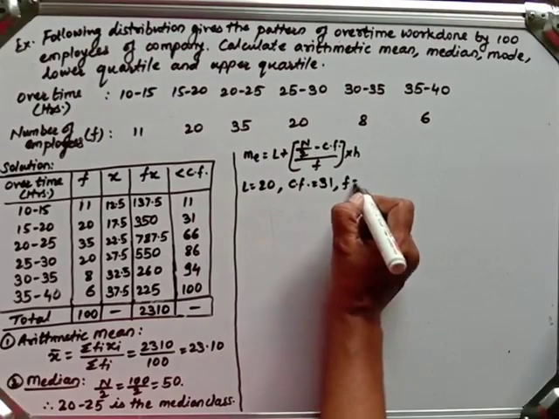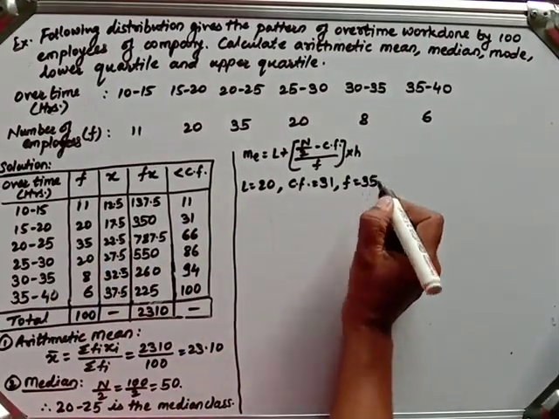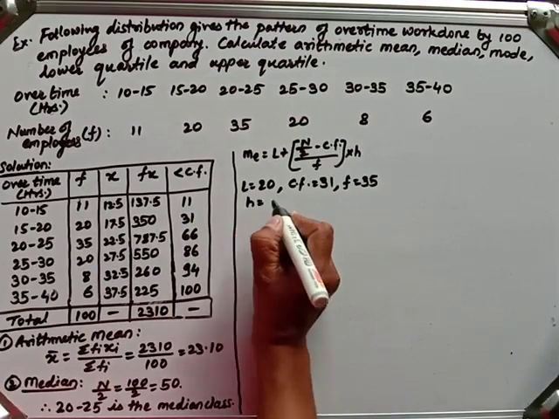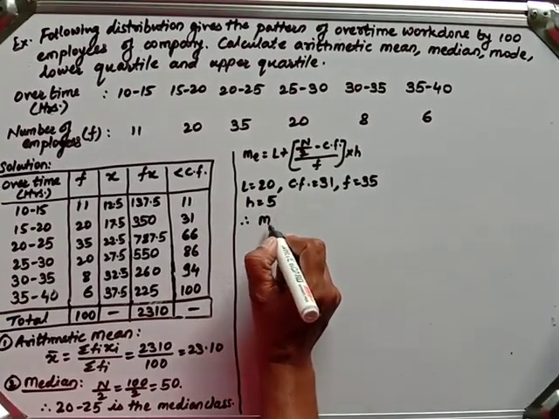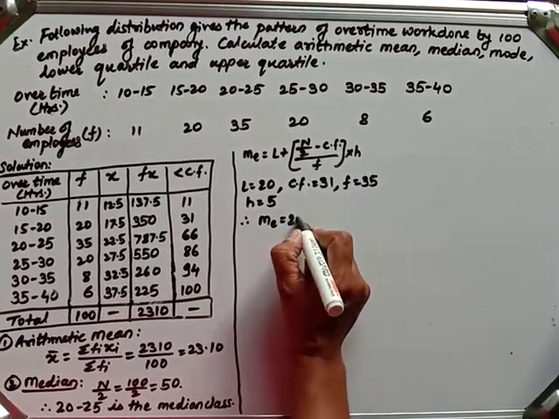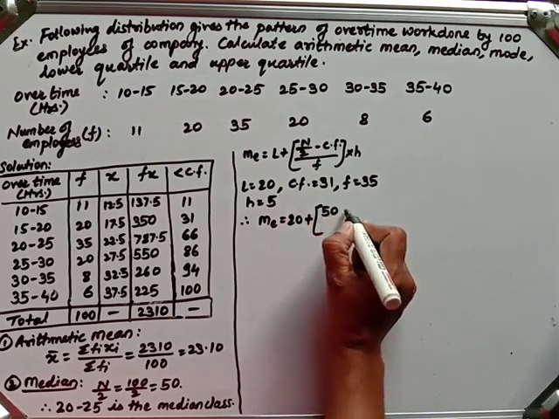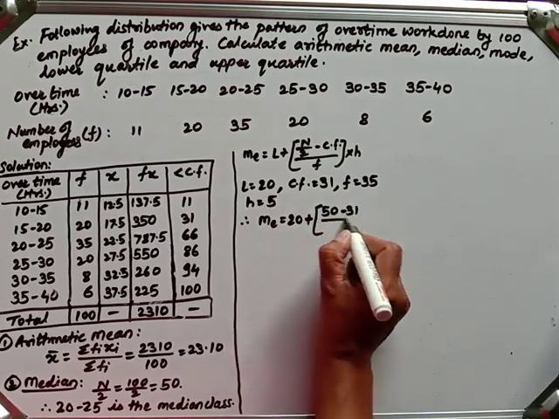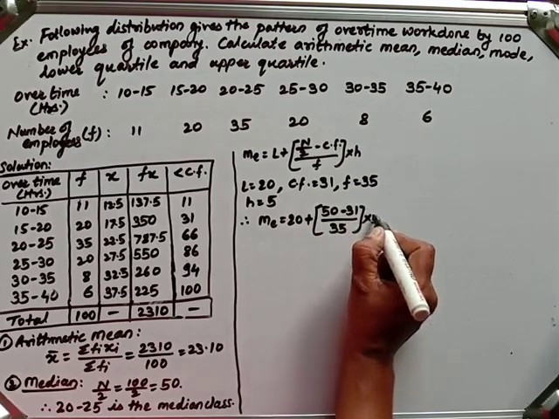Then F will be what? The frequency of that class. So it is 35. And H. What is H? H is 5. Therefore, median can be determined. Substitute the values in the result. 20 plus (50 minus 31) upon 35 multiplied by 5.